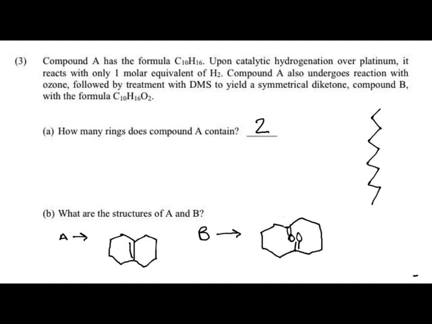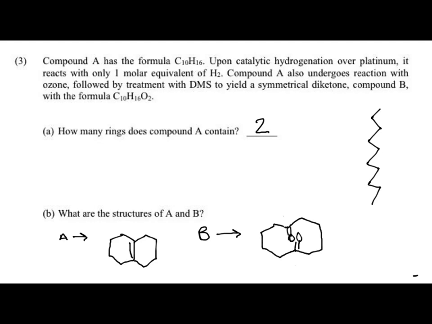Yeah, Isaac. Does compound A have to be symmetrical or just the product? Well, the product has to be symmetrical. That's what the question says. But if you make something really asymmetrical to start with, then the product is very likely also not going to be symmetrical. There might be other solutions possible.